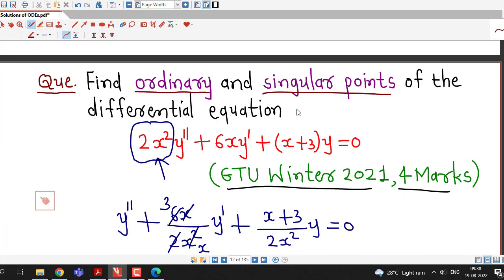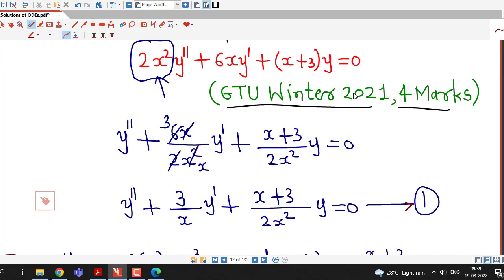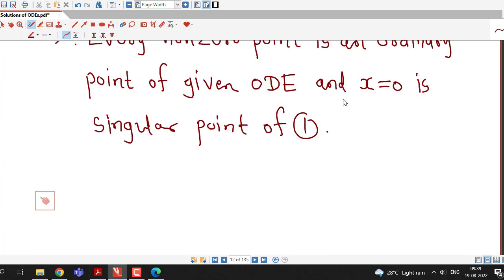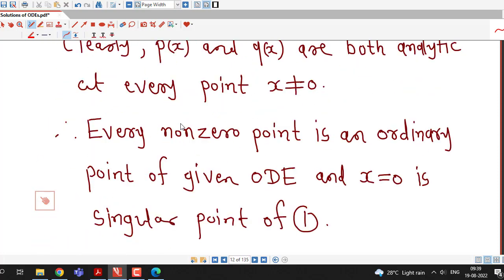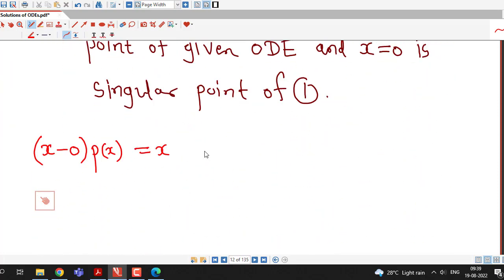Now we can decide whether x equal to 0 is regular singular or not. For that we have to find these two functions. We take (x−x₀), which is x, into the value of p(x), that is 3 by x. So x will cancel out, and we obtain 3.